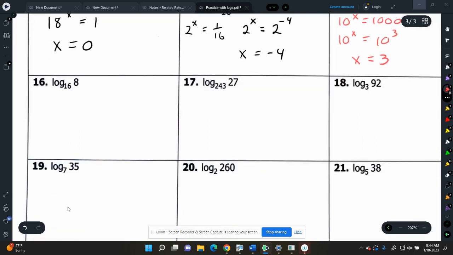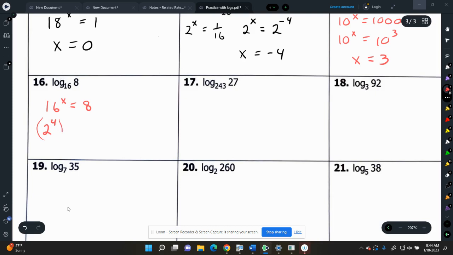All right, so this one, we've got 16 to the x equals 8. Well, I cannot use a base of 8 because I can't rewrite 16 using a base of 8. I can rewrite 16 using a base of 4 squared, but I cannot rewrite the 8 using a base of 4. So I have to use a base of 2. So 16 is 2 to the 4th, right?